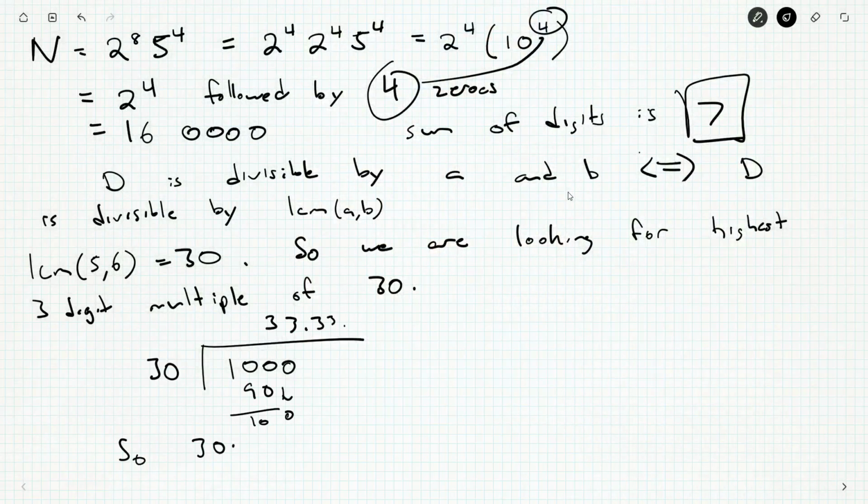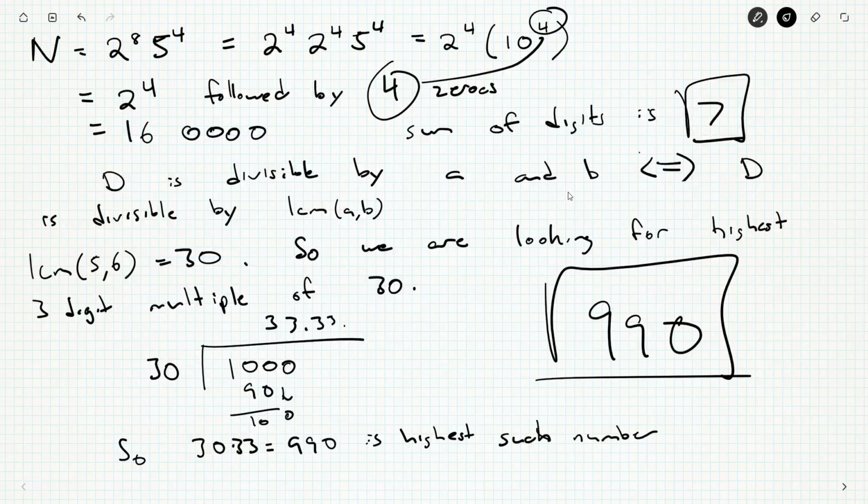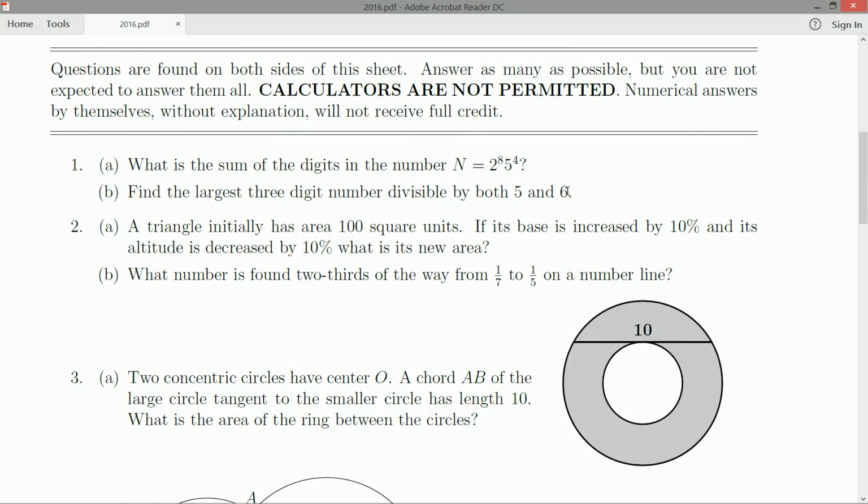So 30 times 33 equals 990 is the highest such number. But really, I think once you realize multiple of 30, saying 990 should get it to you. It's question 1. There's not a whole lot to do. 990. Put a little box around it, put a therefore statement, do whatever you like. But that's question 1. We're off to a great start.